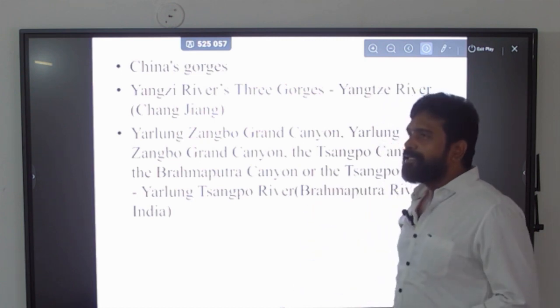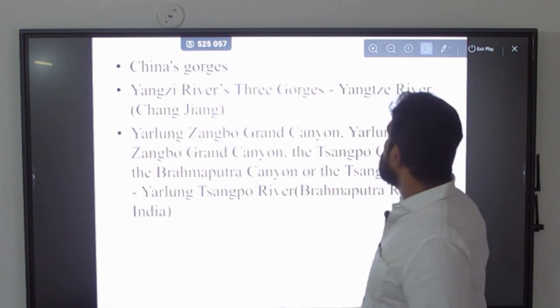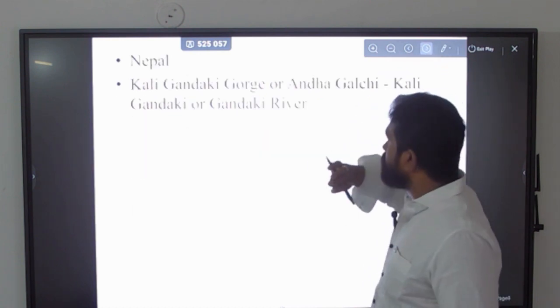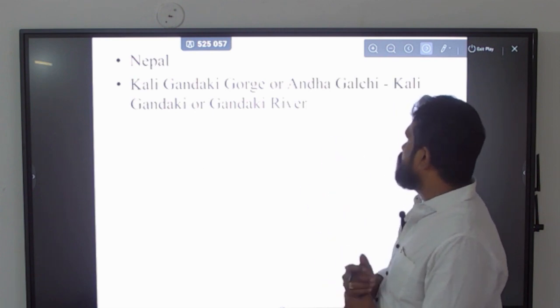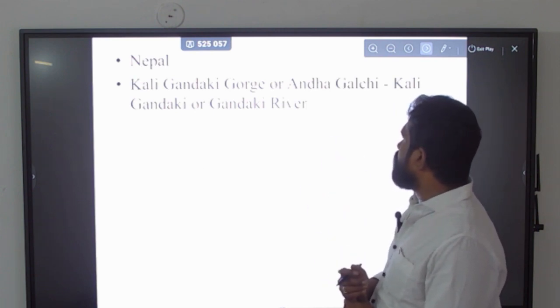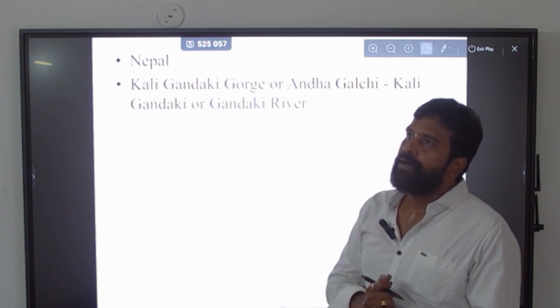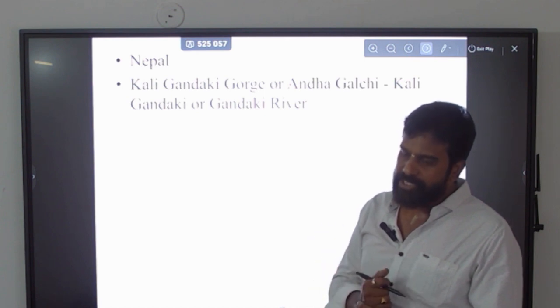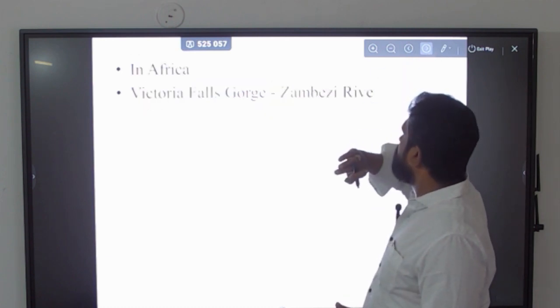You know that the Brahmaputra River is called the Tsangpo River in Tibet and China, so they created this canyon and gorges. And Nepal's Kali Gorge, by the river called Kali, which is a tributary of the Ganga. In Uttar Pradesh, this Kali river is called Sharada, and there also it creates a gorge.